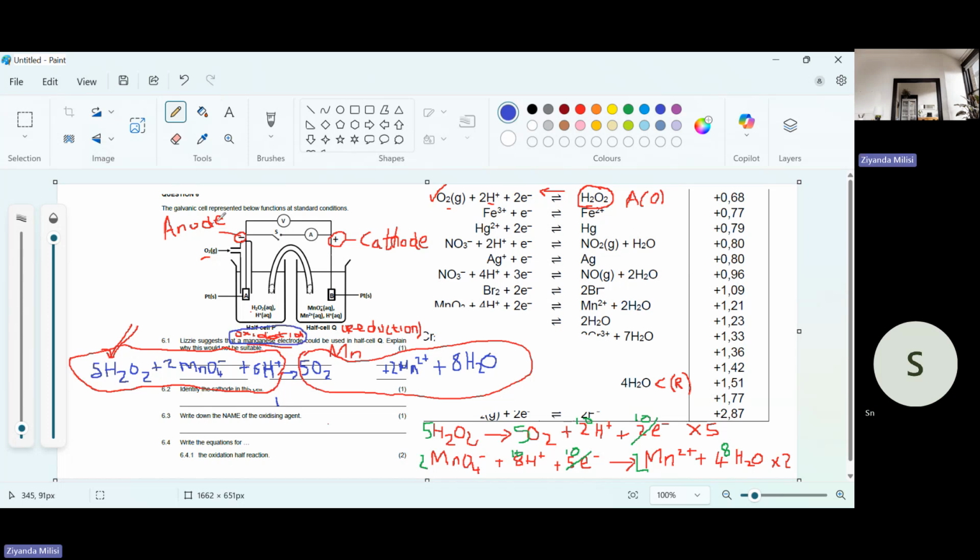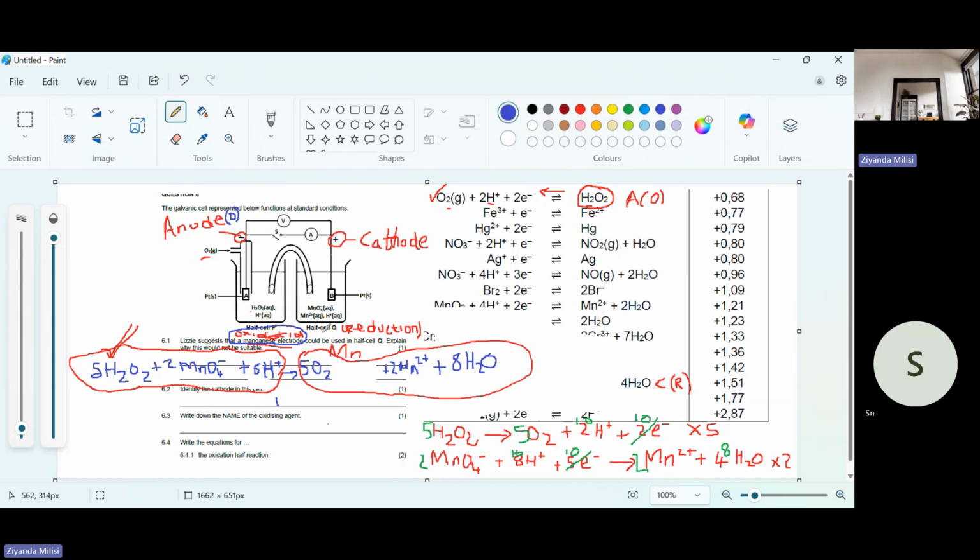So oxidation takes place on this side, so substances here cannot be the oxidizing agent. They cannot oxidize themselves. On this side, reduction is taking place, which means as these ones are oxidizing this side, they get reduced.